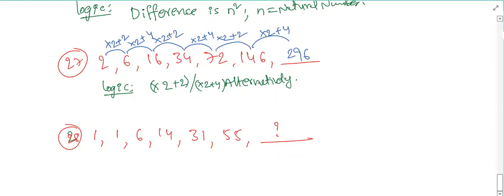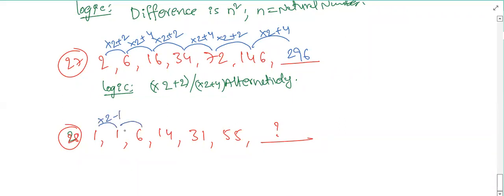Got the logic? So 1 into 2 minus 1, into 2 minus 1.